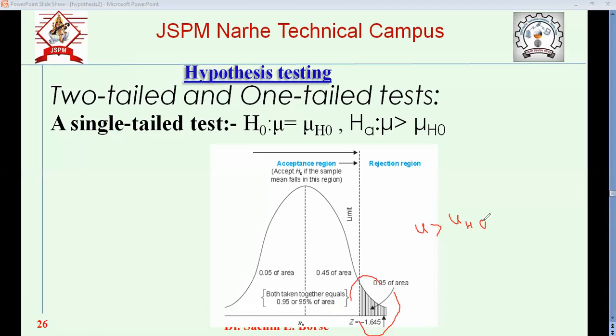So this is called a single tail test. A single tail test can be left tail or right tail. Is there any question on this? In a single tail test there is only one alternative hypothesis. In a two tail test, there are two alternative hypotheses.